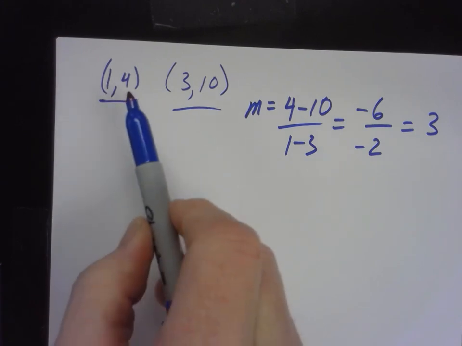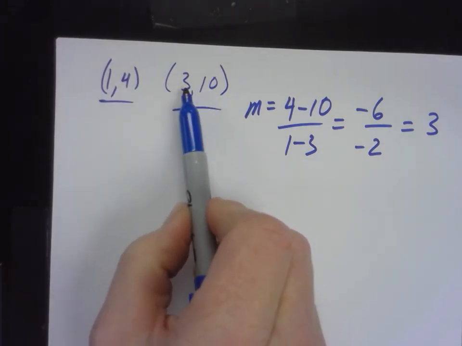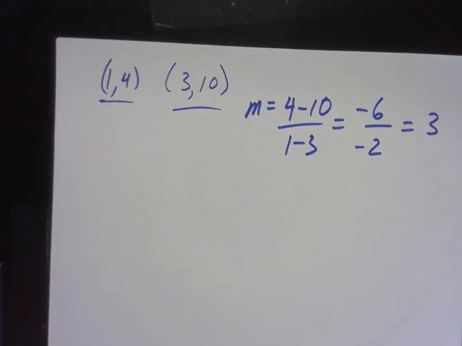Would you guys take points that had positives in them or negative coordinates? Which do you think would be easier? I think negatives. Because when you put the negative in, you get a double negative, which becomes what? Positive. Yeah, it becomes positive. So I don't know about that one. You could argue both ways, I think.